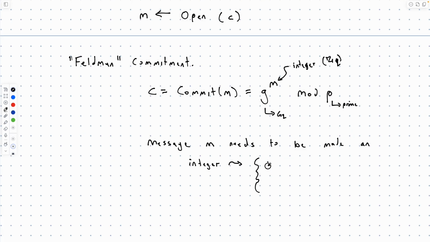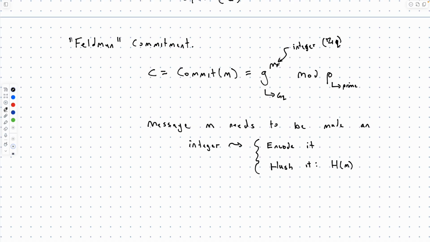You could encode it. It might already be an integer, like say it's ASCII text and you just convert it to hex and you say that that's an integer. So that's what I mean by encode. Or the other thing you can do is you can hash it. We didn't talk about hash functions, but there's something that exists there.